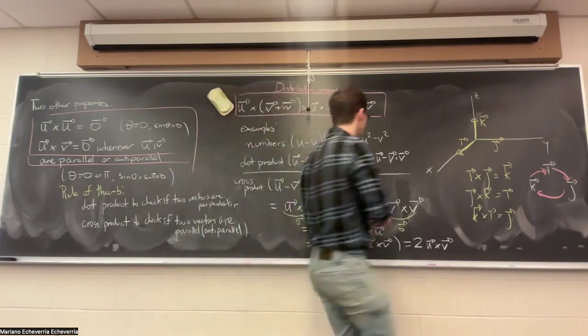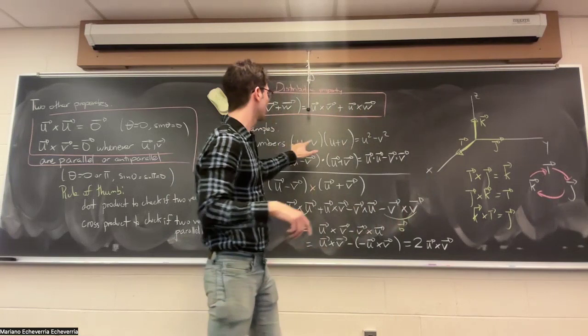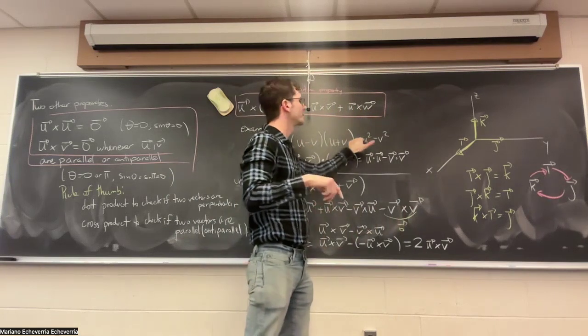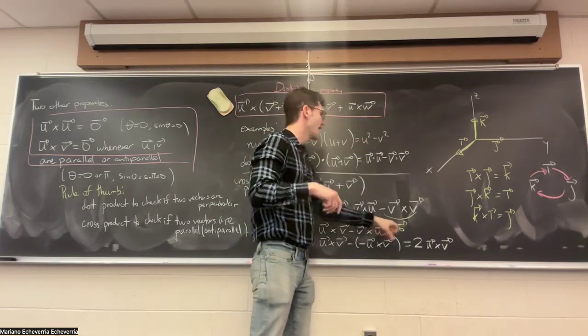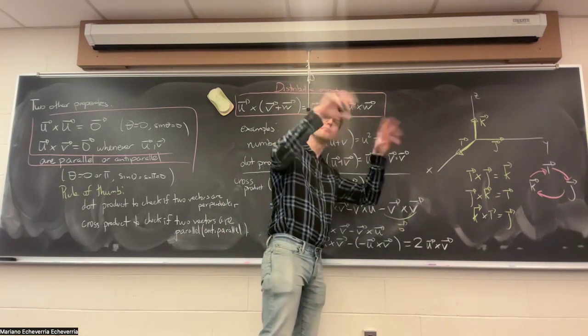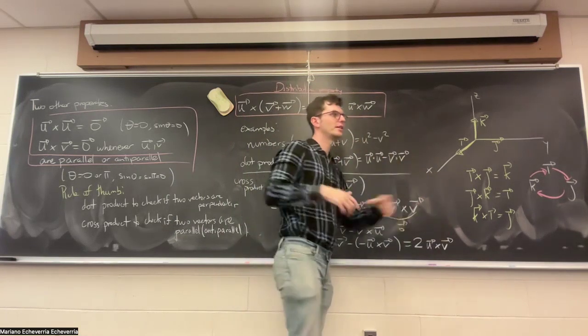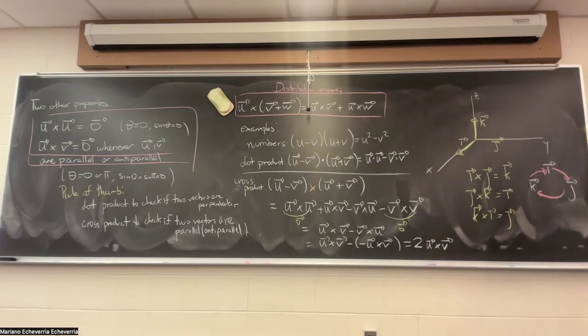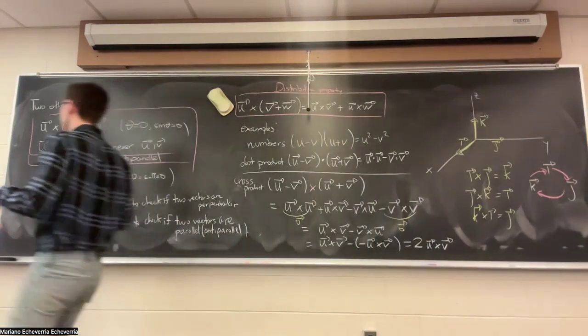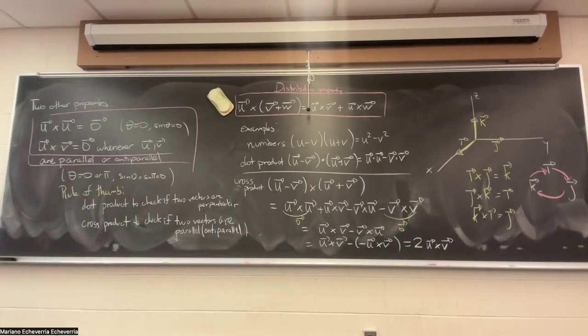In these two versions, the u only goes with u and the v only goes with v, right? And in the cross product version, the mixed term, uv, goes together, and that's the one that survives. So in general, if you have a regular formula that you know of, do not just replace everything with crosses and think that it would work, because most likely it's the opposite of what you know.